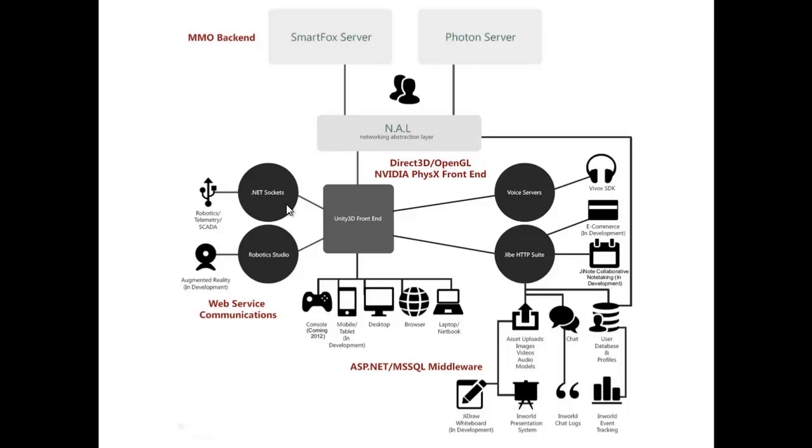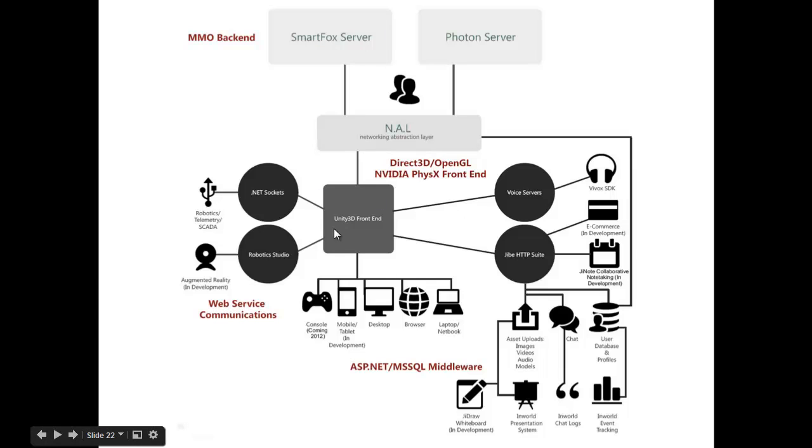On the back end, we use these technologies, SmartFox and Photon, to scale the networking so that you can have very high concurrency. These are technologies that are used by commercial, massively multiplayer online game companies.